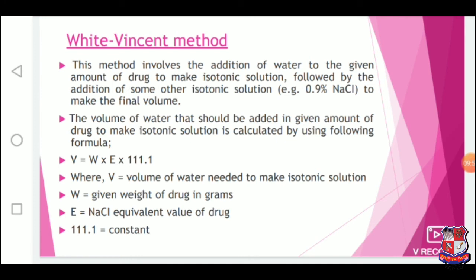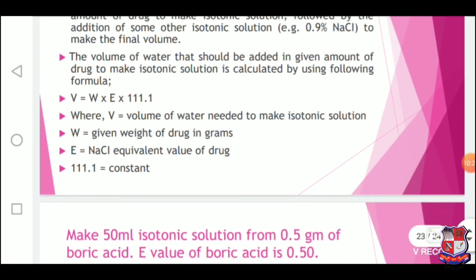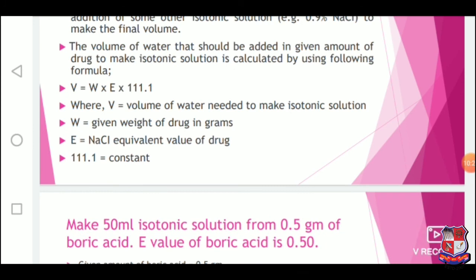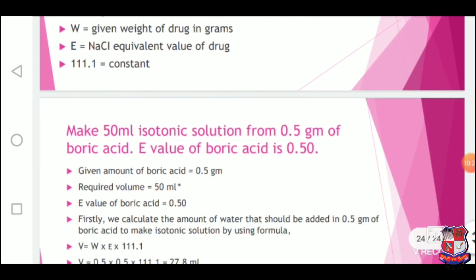The volume of water that should be added to the given amount of drug to make the isotonic solution is calculated by using the following formula: V equals W into E into 111.1, where V is the volume of water needed to make isotonic solution, W is the given weight of the drug in grams, E is the NaCl equivalent value of the drug, and the numerical value 111.1 is a constant.